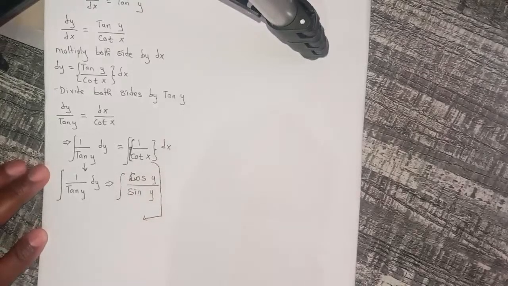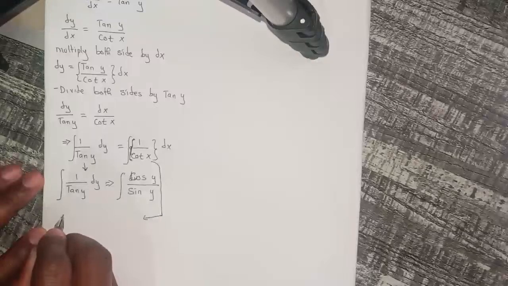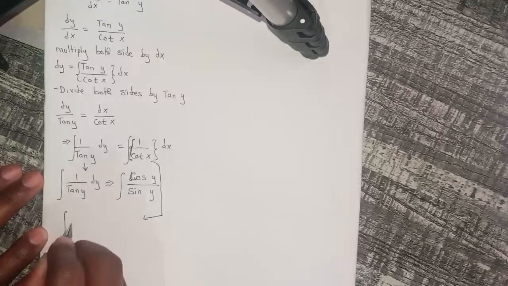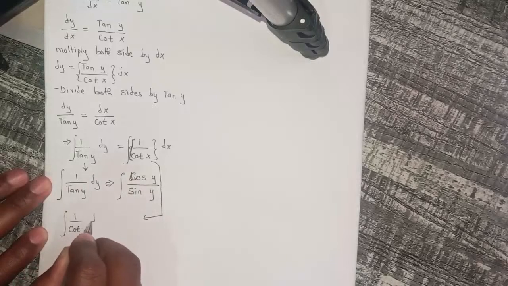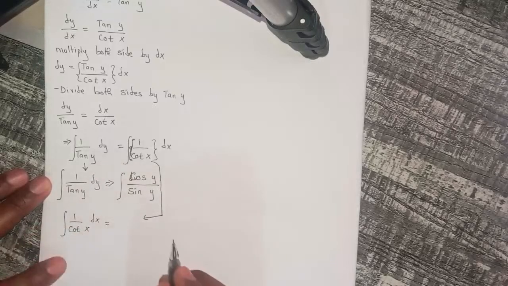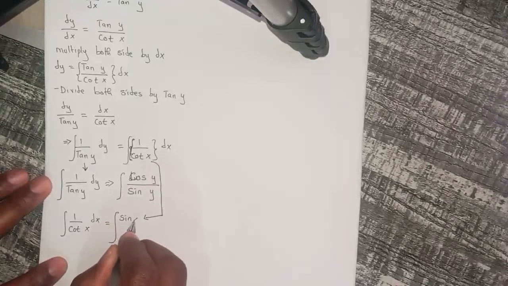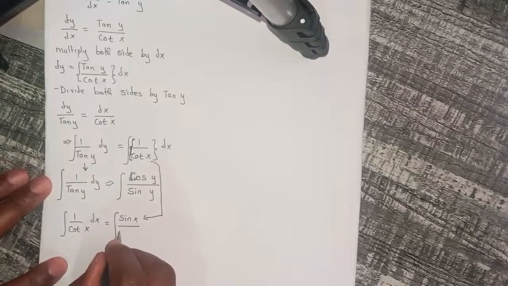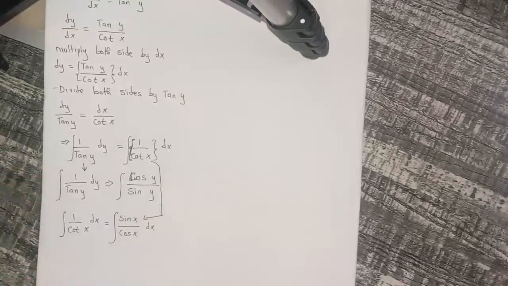And the second part is equivalent to the integral of 1 over cot x with respect to dx. This is equivalent to the integral of sin x divided by cos x with respect to dx.